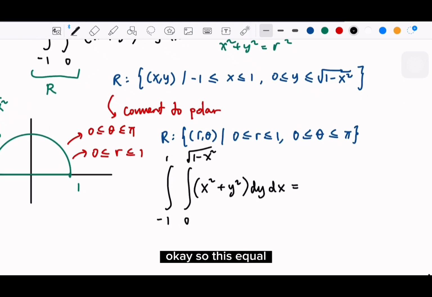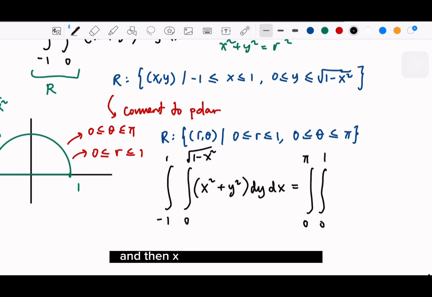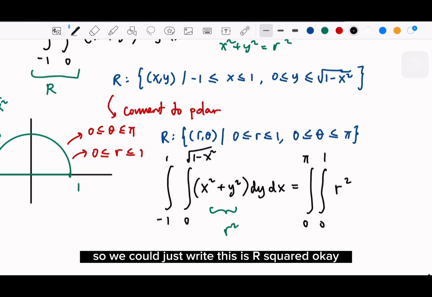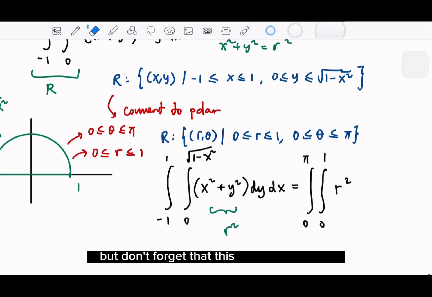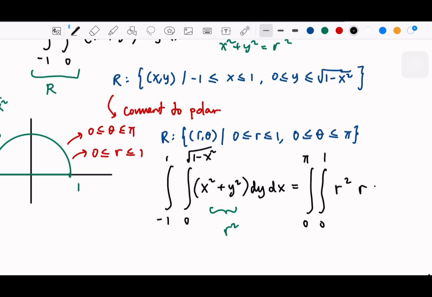Okay, so this equals the integral from 0 to pi, 0 to 1, and then x squared plus y squared is simply just r squared, right? So we could just write this as r squared, okay? But don't forget that dA becomes r dr d theta.